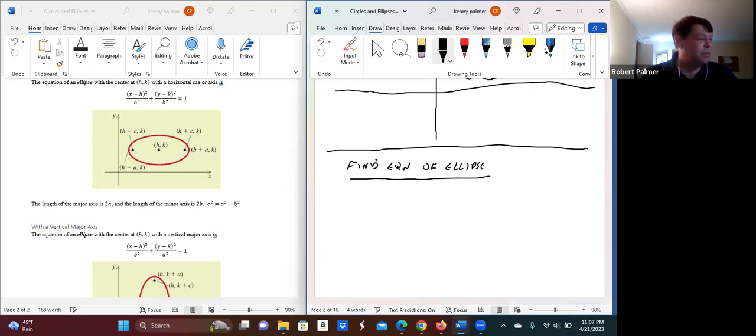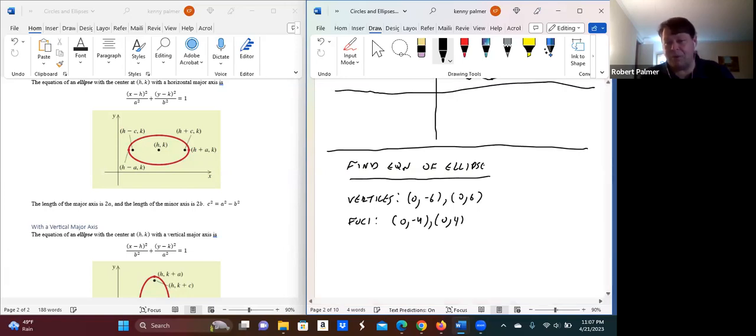All right. Let's say what we're given is we know our vertices are (0, -6) and (0, 6), and the foci are at (0, -4) and (0, 4). So let's draw a basic picture.